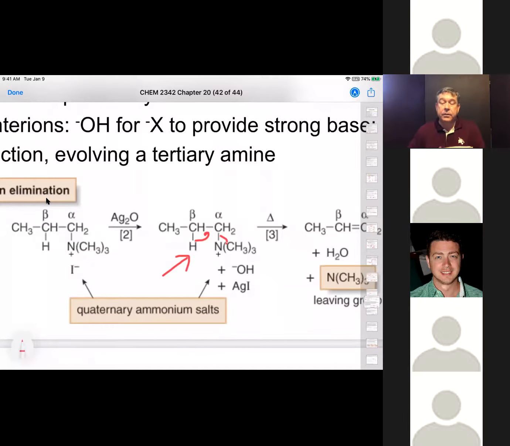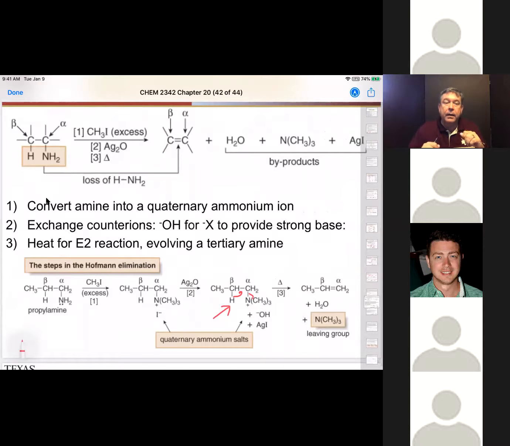Now, we had a primary amine, and we kept hitting it with an alkyl halide until we got elimination. Notice we used methyl iodide. The benefit of using methyl iodide is that it makes sure there are no other beta carbons on that nitrogen.